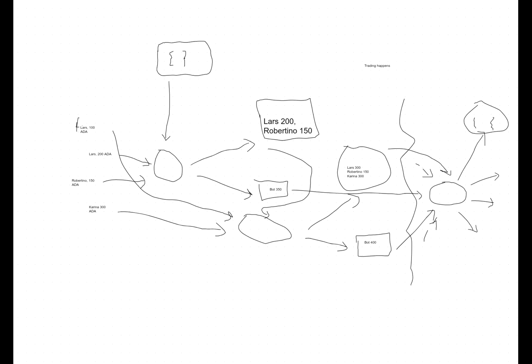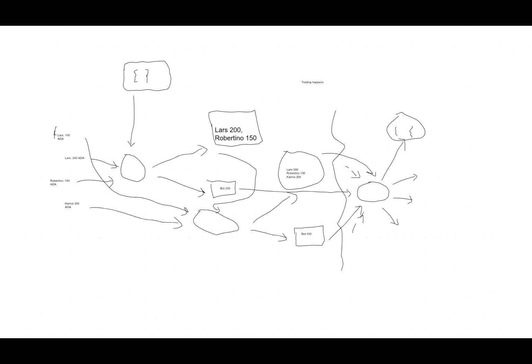So let's see. Let's say it made 500, right? And the contributions were in the ratio 2 to 1 to 2. So if it makes 500, then 200 for me. And Robertino would get his originally 150 plus 100.